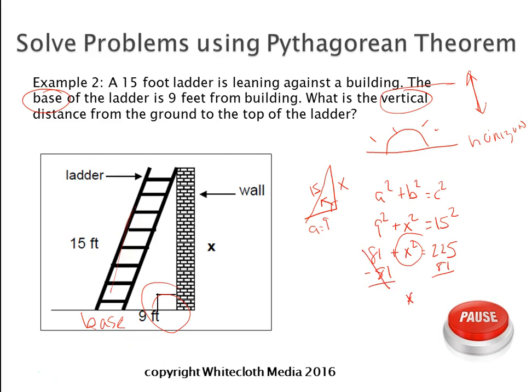So x squared is equal to, I won't try and do that in my head, 225 minus 81 is 144. So that means x is equal to the square root of 144. X is equal to 12. So that means the vertical distance is 12.